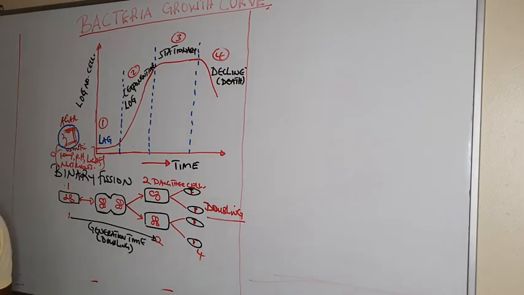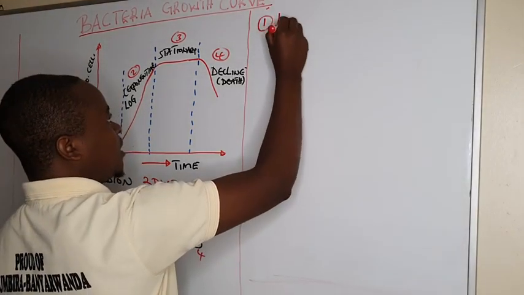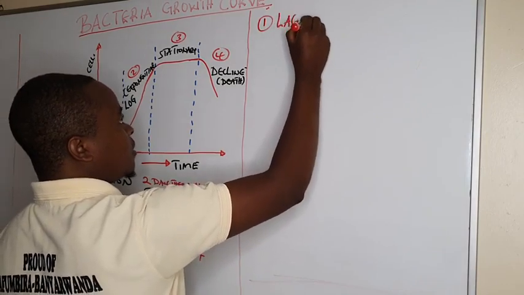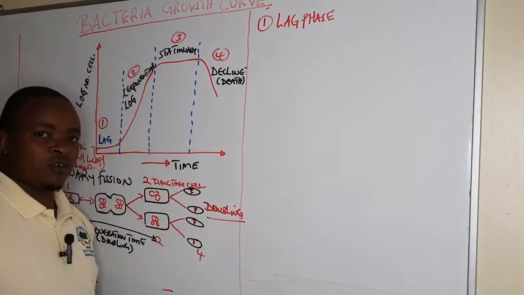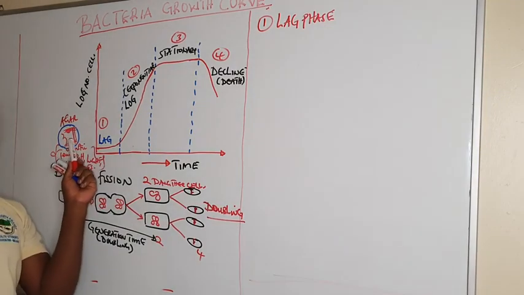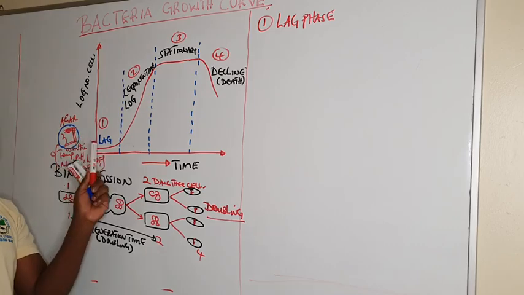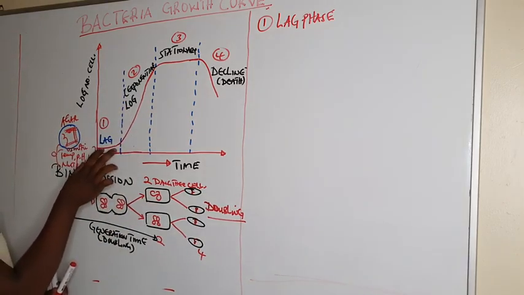And we are going to begin with the lag phase. So number one is the lag phase, which is the time between inoculating the bacteria on the culture media and the time it takes to start multiplying. And that is what we are calling the lag phase.